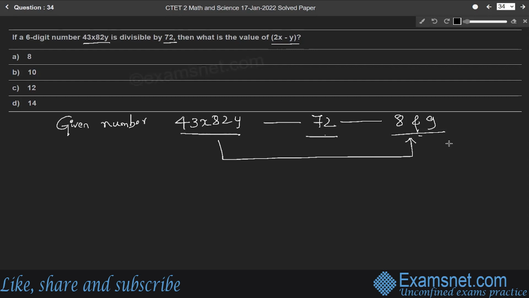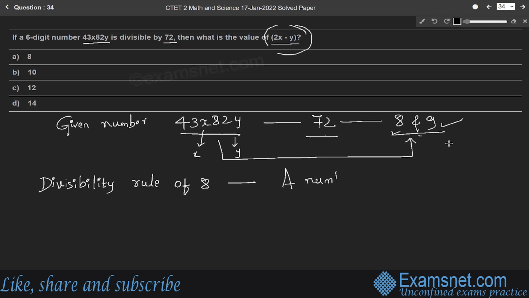So, we have to find the value of x and y here. In order to find the expression 2x minus y, we have to find the value of x and y. For that, we are using the divisibility rule of 8 and 9 here. So, what is the divisibility rule? Divisibility rule of 8.